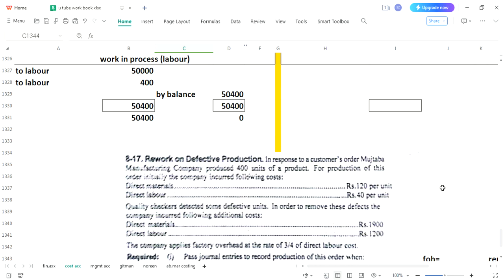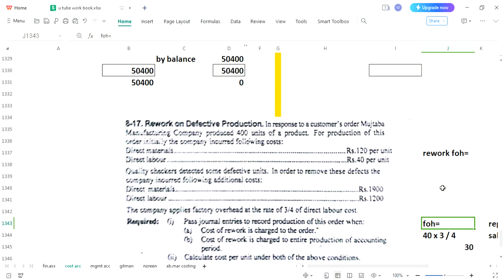Here we can calculate total rework FOH is equal to, and right here what we have calculated was per unit FOH. Okay, so rework for FOH, it is said that 3 over 4 of labor was 1200, and we need to take 1200 and multiply by 3 divided by 4.